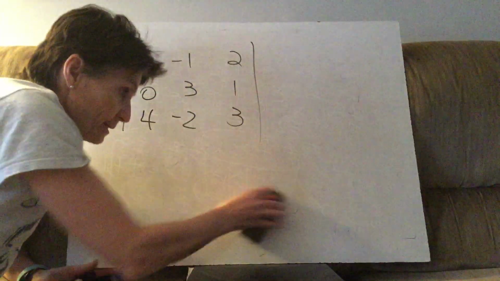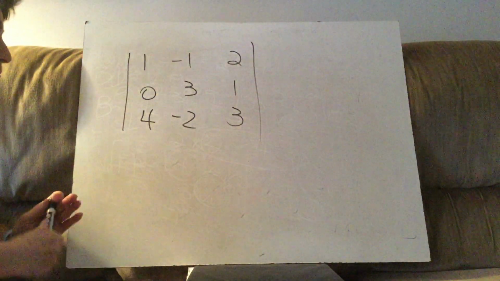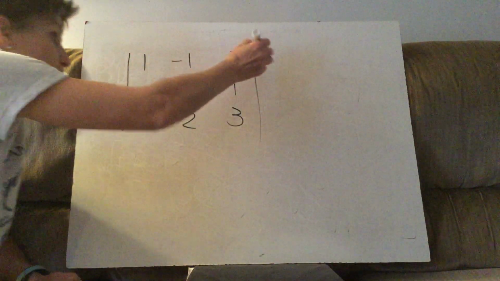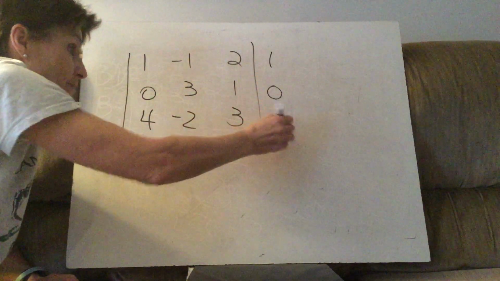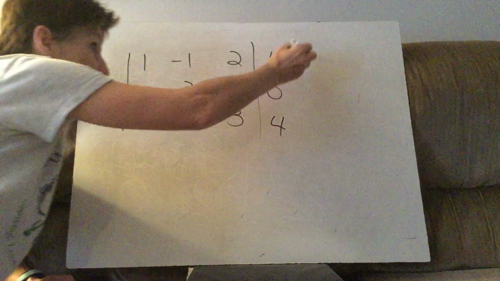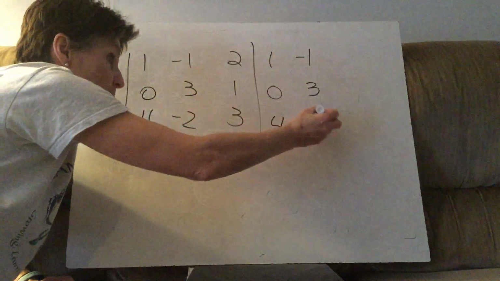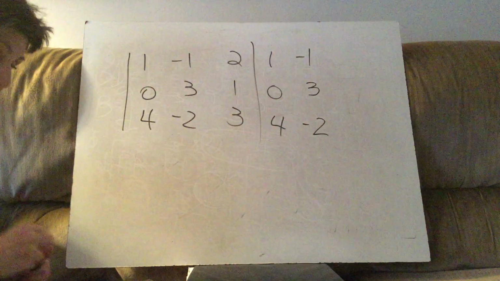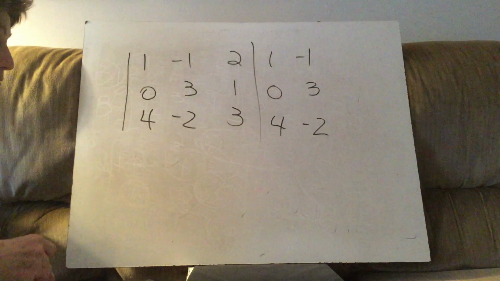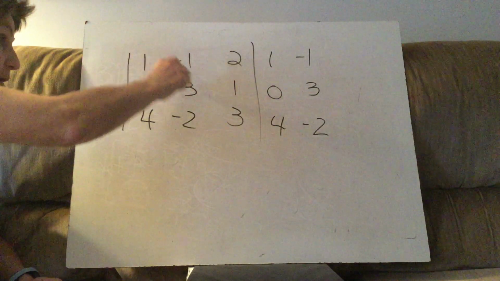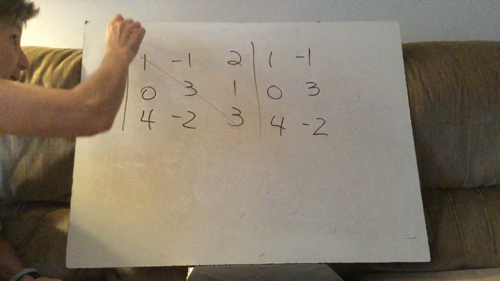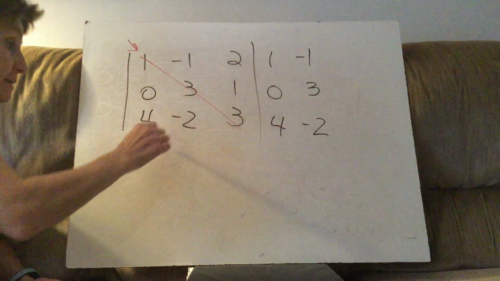When we evaluate this guy, we have to recopy our first two columns. So 1, 0, 4 goes right here. Negative 1, 3, negative 2 goes right here. And then we're going to multiply on this diagonal right here. So we start right here. So we get 9.